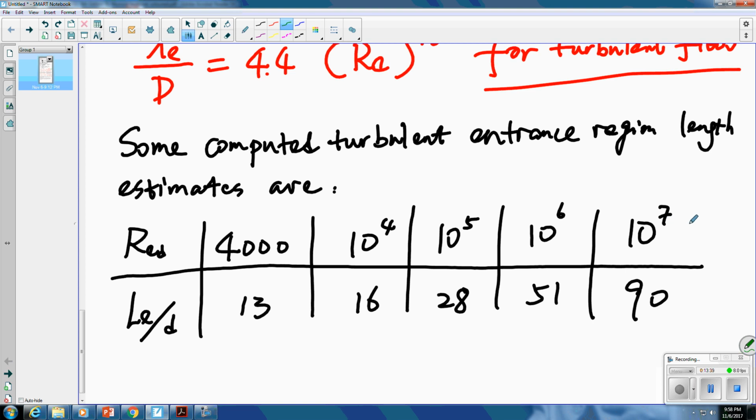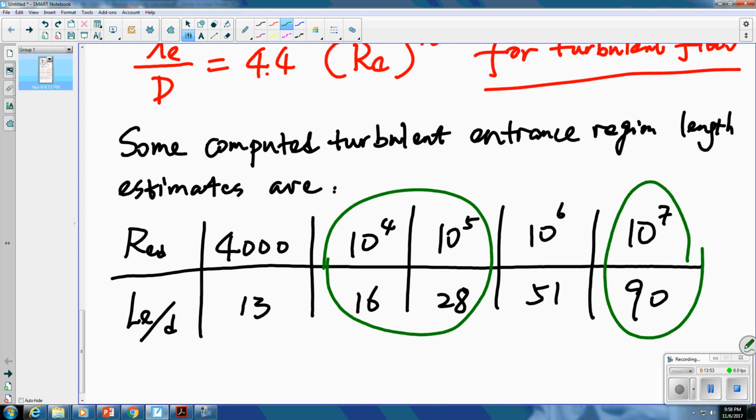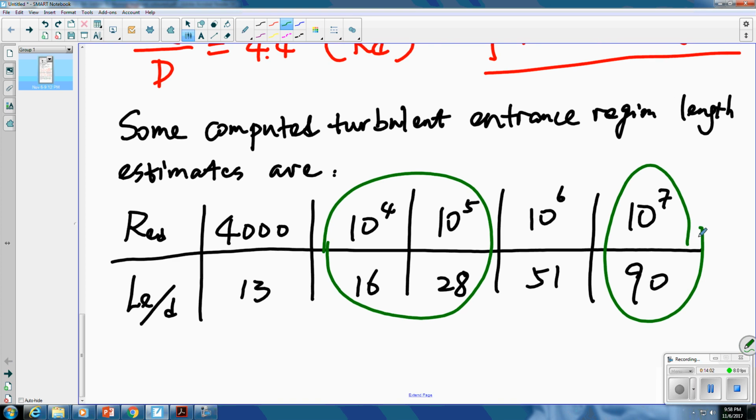A typical pipe flow application will have a Reynolds number in this range. If I look at a highly turbulent flow, with a Reynolds number of 10 to the 7th, L_E over D will equal 90. What does that mean? That means your entrance length should be 90 times the diameter of the pipe, right?